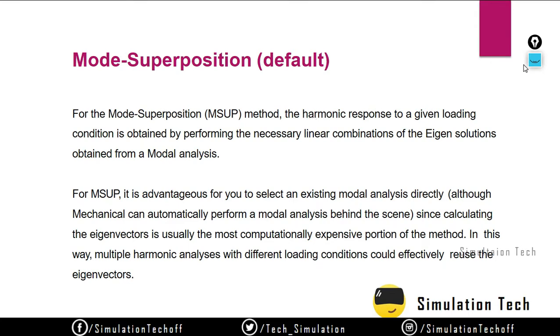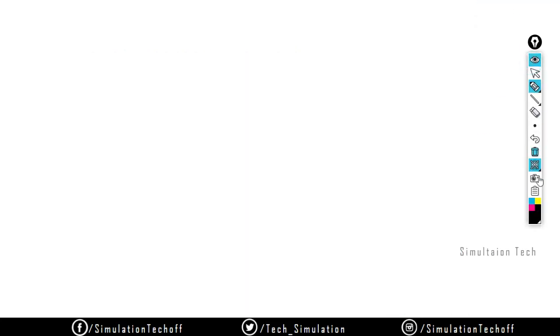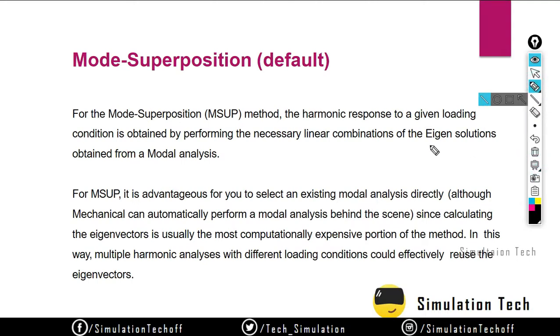What happens here is it uses the eigenvalue solutions, eigen solutions. You know what eigen solutions are: eigenvalues and eigenvectors. Eigenvalues mean the frequency range, that is omega n. Eigenvectors mean the mode shapes, the deformation results. So this method uses these. Obviously the peak responses happen only at the natural frequencies, we know that.